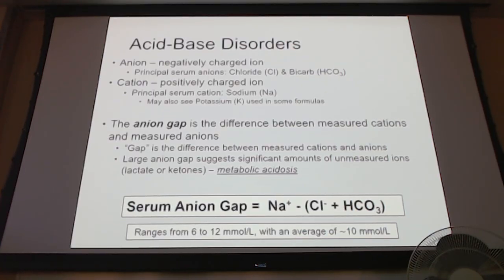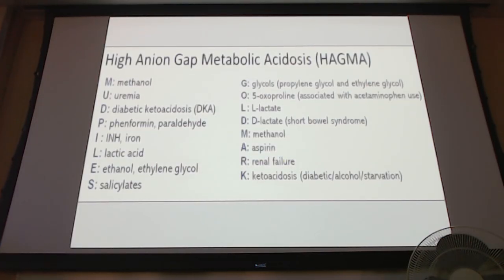Anion gap. Remember the things that can cause high anion gap. Because there may be something in the stem of a question that should make you think, I should be concerned that this patient might have a high anion gap metabolic acidosis.